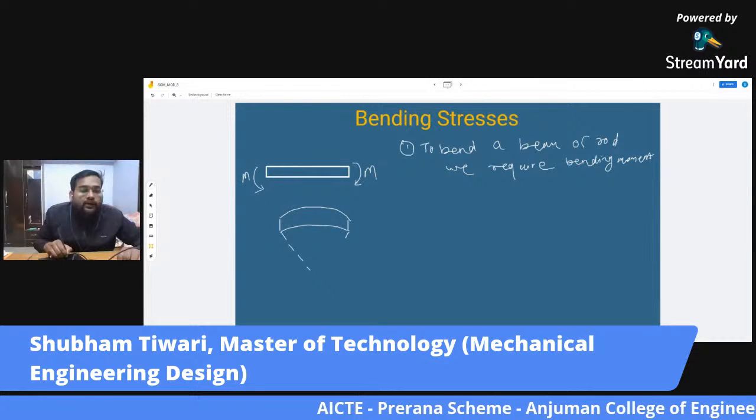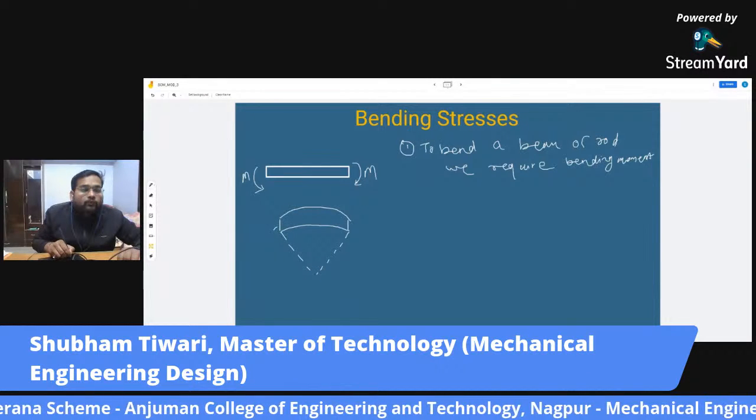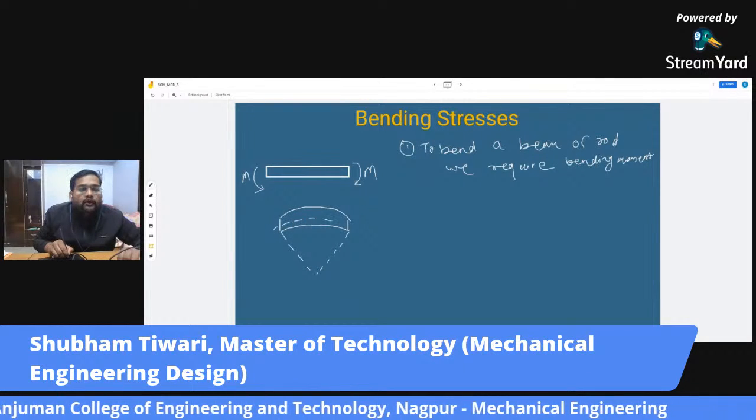This is the radius of curvature. This is the centroidal axis.